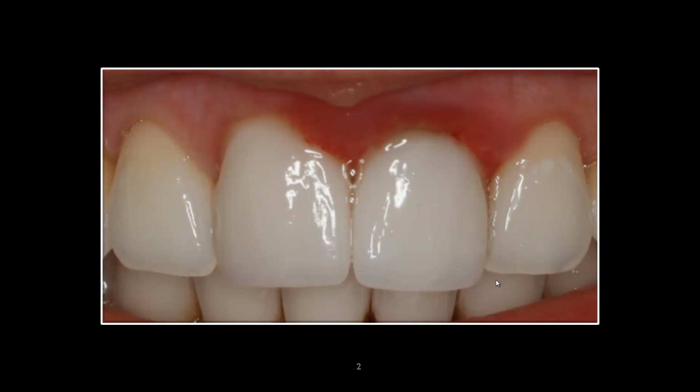Number one, we can do ortho. If we do the ortho, do we have enough root length to do it? And second of all, does the patient want to have orthodontic treatment? Second, if we do a crown lengthening procedure, if we open up the roots and we have to redo the restorations, the laminates will not bond to cementum, so we have to change the restoration type.